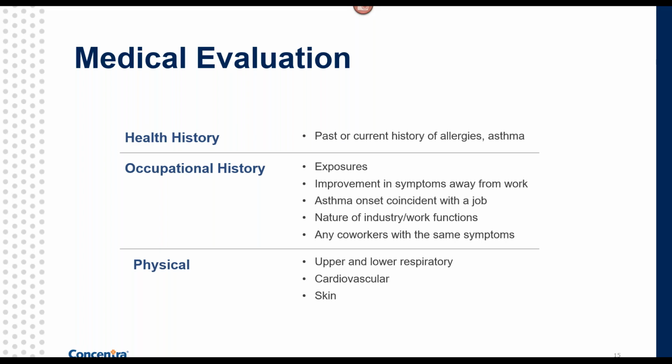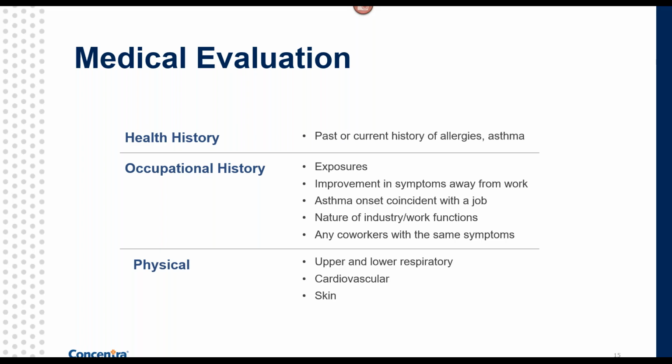Ideally, employees medically evaluated for baseline and ongoing periodic health surveillance will have a complete health history and screening for their occupational history and asthma and allergy symptomatology to thoroughly evaluate past and present occupational history and past and present allergy and asthma symptoms. The physical exam will focus on the health effects specific to the chemical exposure.